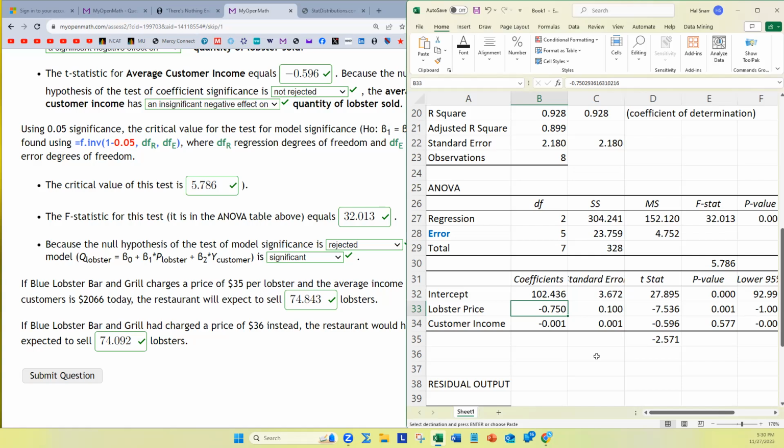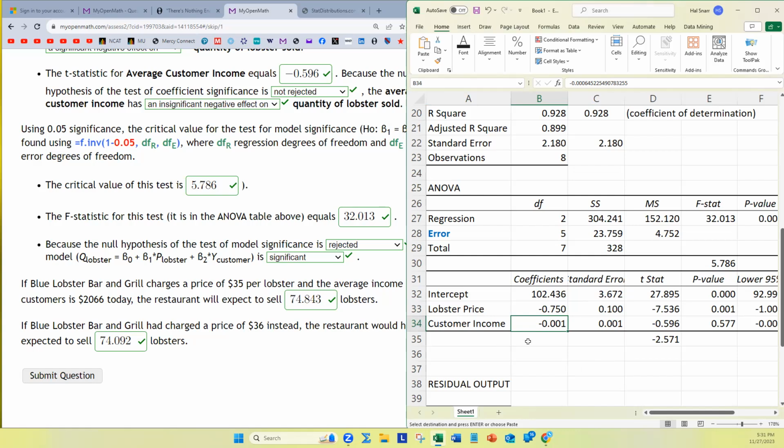And notice here, if my customer income increases by $1 or $10, my lobster sales will go down by 0.001 or 0.01, right?